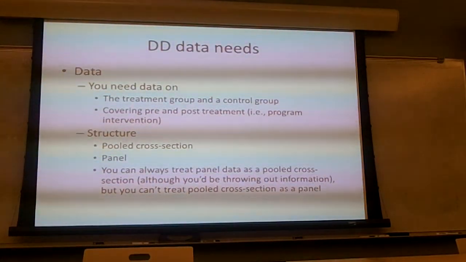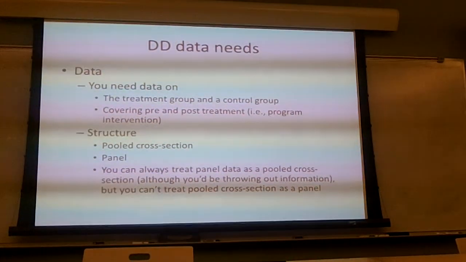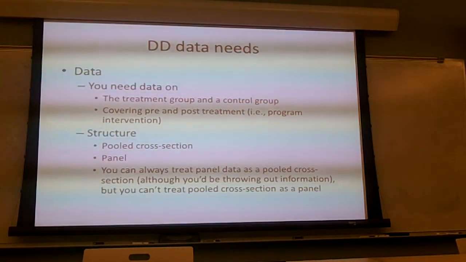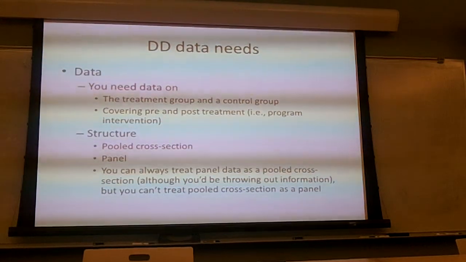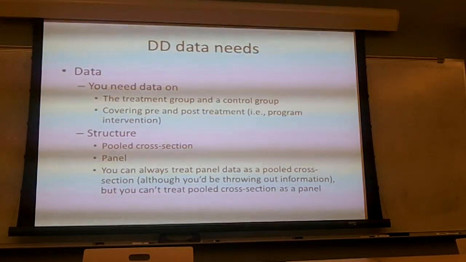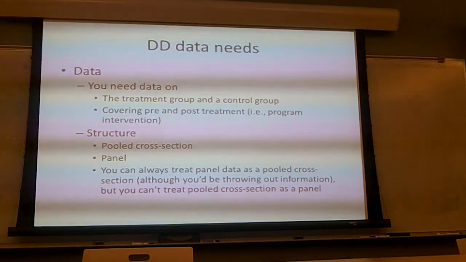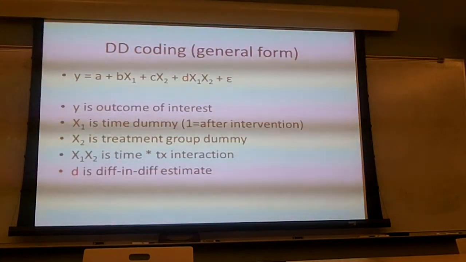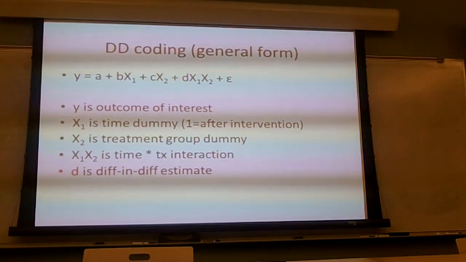Panel data means we actually have the same individual respondents or subjects, whatever they are, hospitals, in the pre-period and the post-period. Of course, squares are rectangles, but rectangles aren't exactly squares, and so panel can always be used as pooled cross-section, but why you would want to, I don't know.